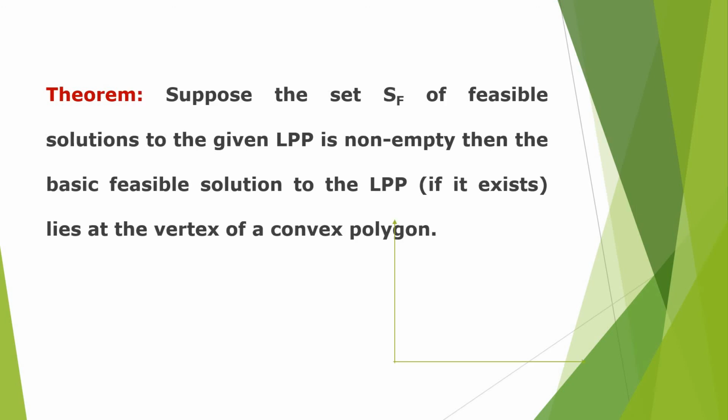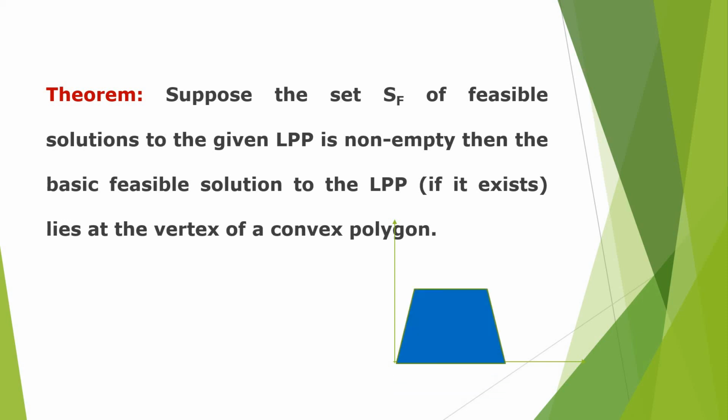Suppose the set SF of feasible solutions to the given LPP is non-empty, then the basic solution to the LPP, if it exists, because we had already seen that if SF is an empty set, there won't be any solution, lies at a vertex of the convex polygon or polyhedron.